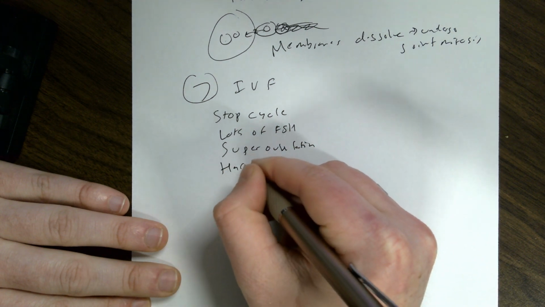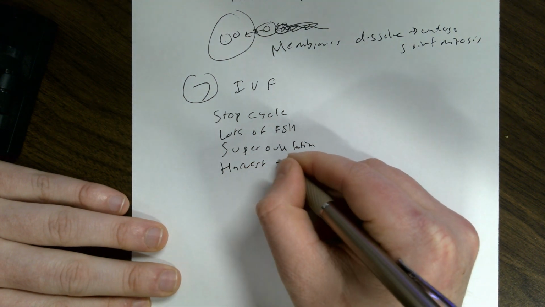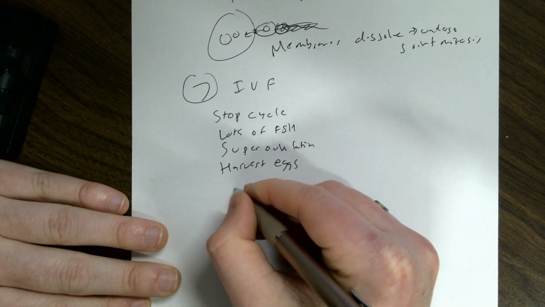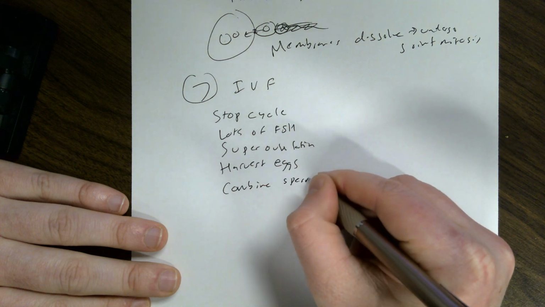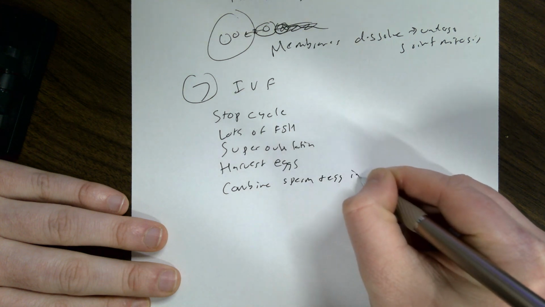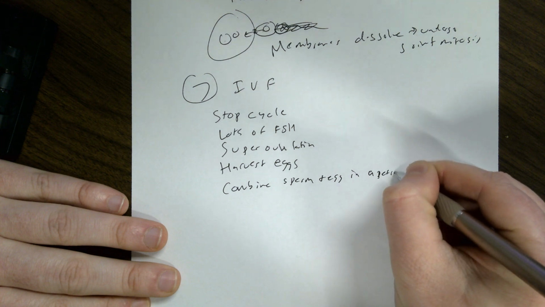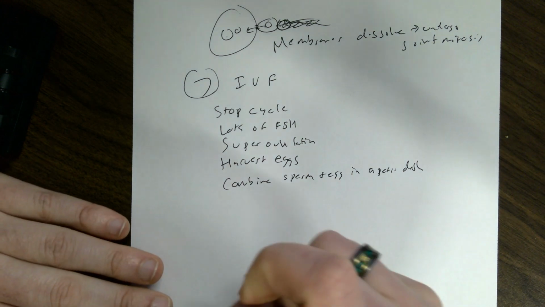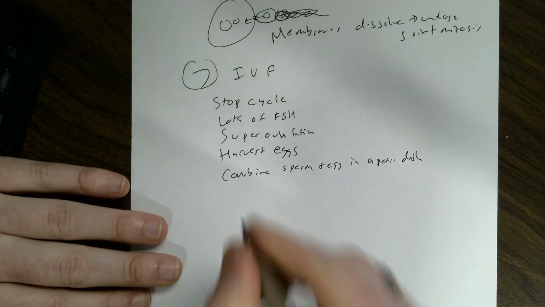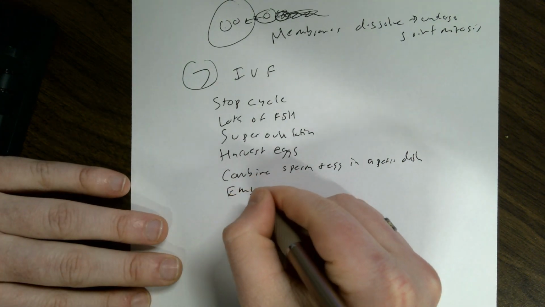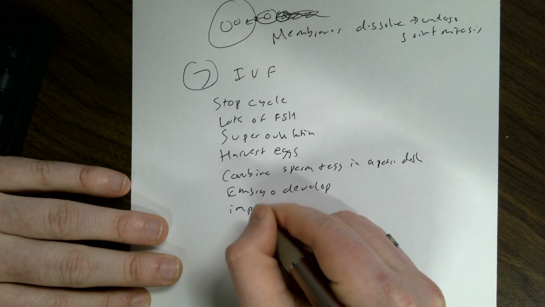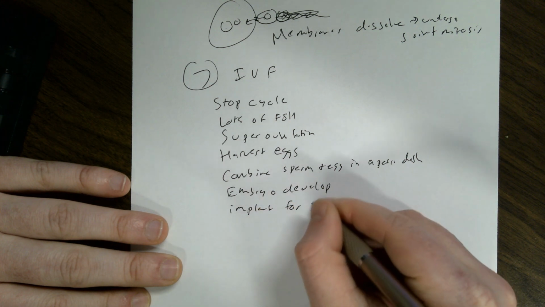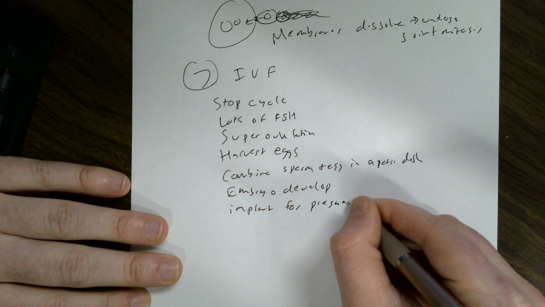You harvest the eggs, and then you combine sperm and egg in a petri dish. So that allows you to then have the embryo develop, and then you will implant it for pregnancy. And that's in vitro fertilization.